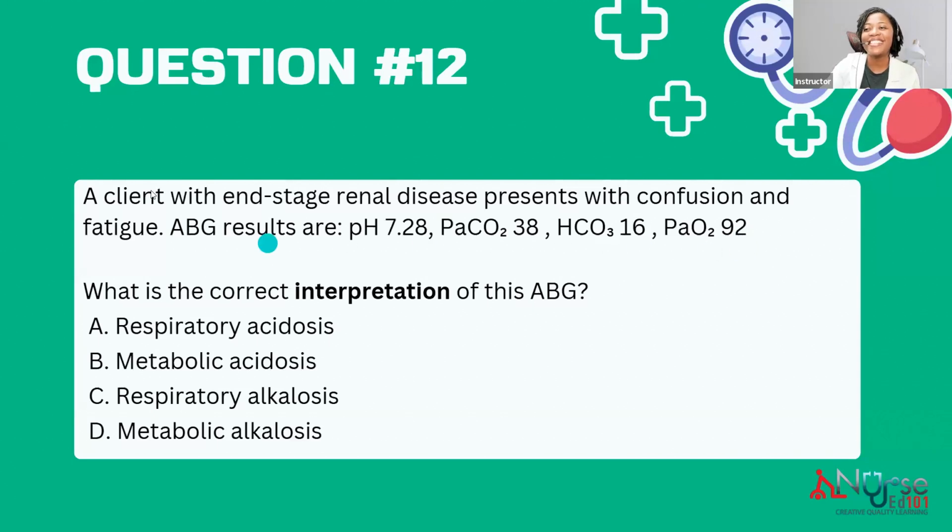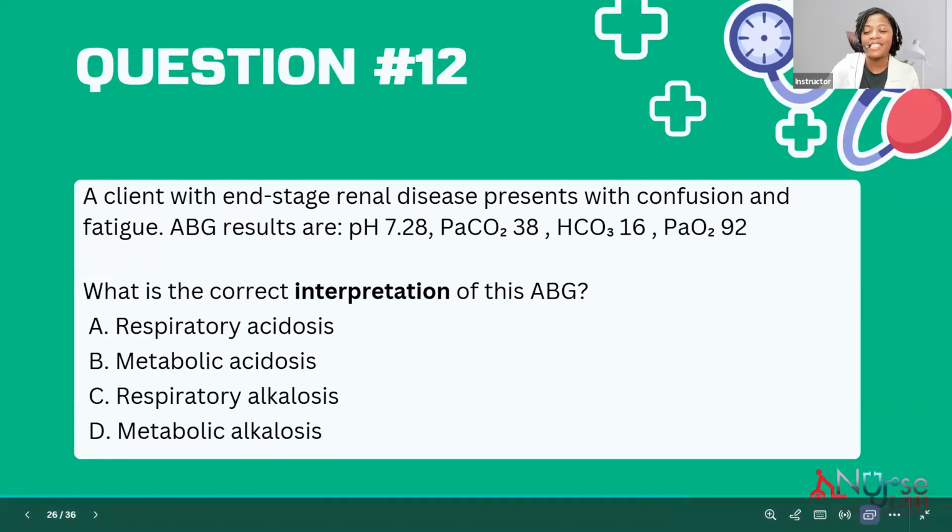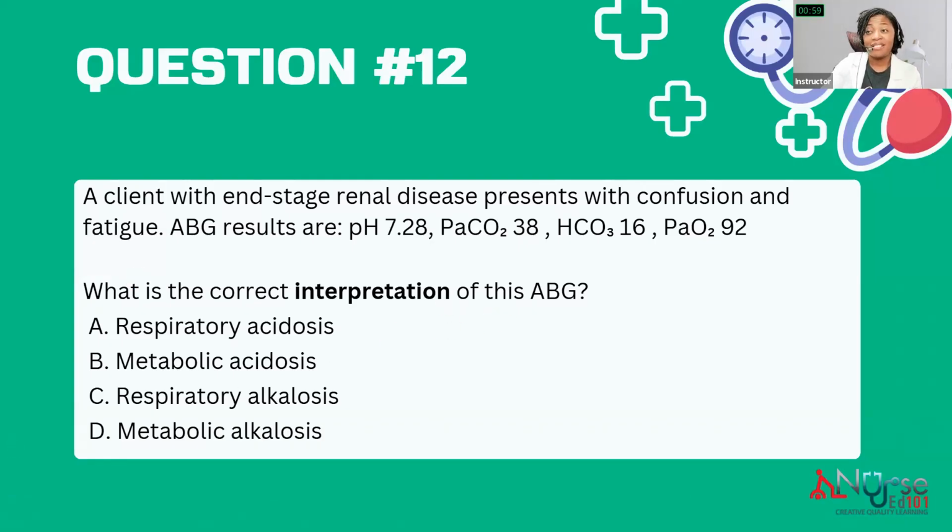Ouch. All right. So what's the interpretation of this ABG? What would you say this patient is dealing with? Is it respiratory? Is it metabolic? Look at their diagnosis, the medical diagnosis, and then also look at their remaining labs. I won't give it away. Let me see what you can do with it. What is happening here? Remember, ABGs have a lot to do with memory, muscle memory.